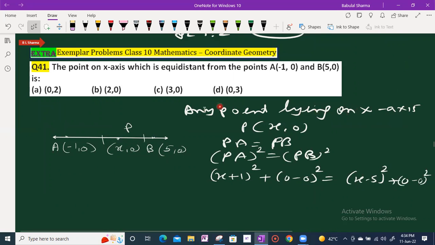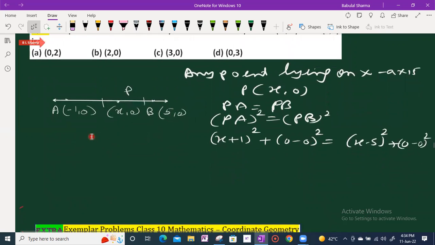Using the formula x2 minus x1 whole square plus y2 minus y1 whole square for PA square, and the same for the distance PB.